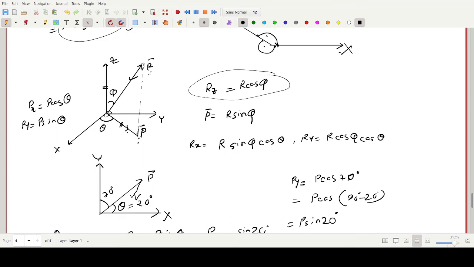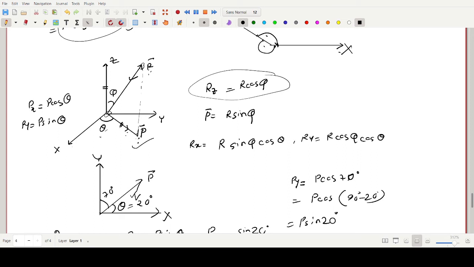So P is the projection of R in the xy plane, and the angle between P and X is theta. Let's say we have assumed this angle is represented by theta, and the angle between R and Z is represented by phi.